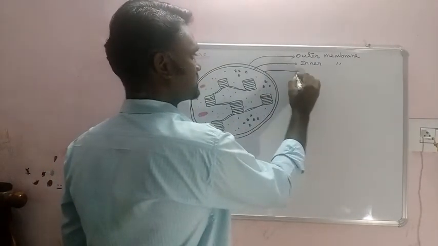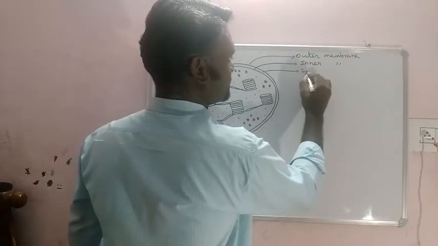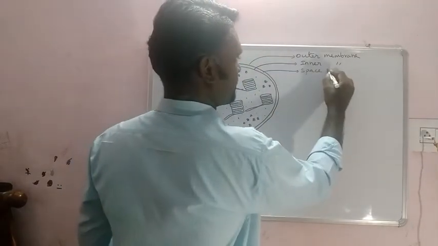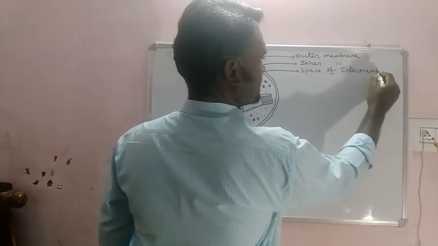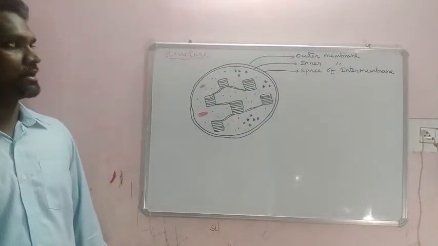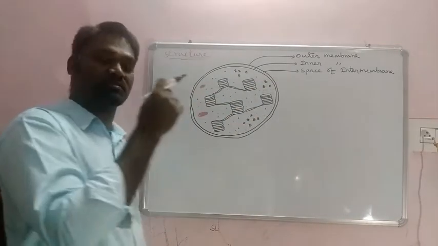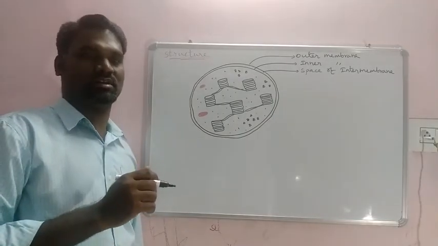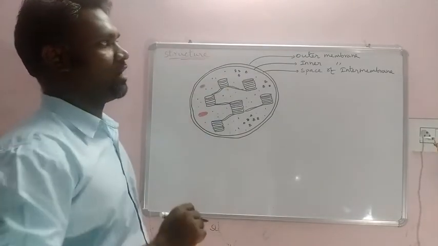This is the intermembrane space. Okay guys, this is the major part of this. This point is also important, because from the beginning I used to say that plastids are double membranous structures. So in the same way I have given the outer and inner membrane over here.